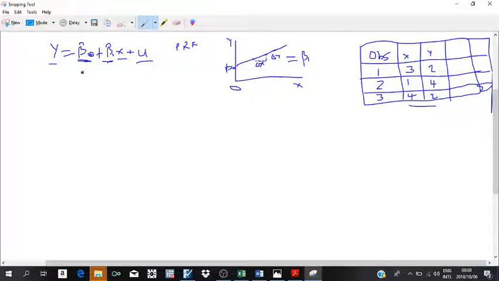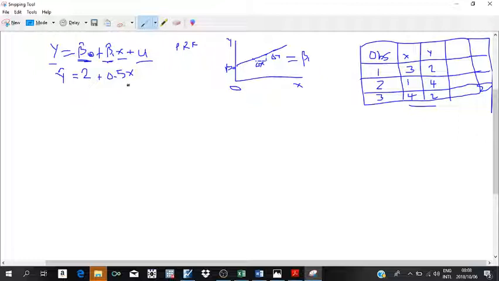When we get these values, let's assume we get them as 2 and 0.5. So let's assume that beta hat naught after estimation is 2, and beta hat 1 after estimation is 0.5.